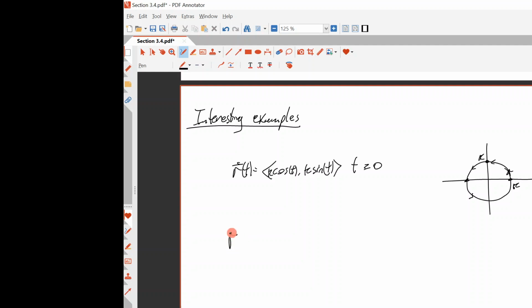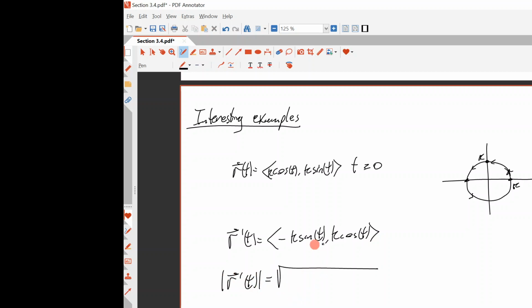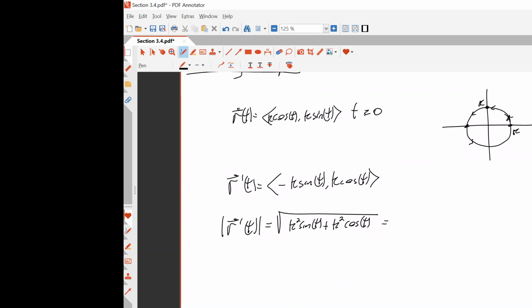So in this case, r prime of t is equal to minus k sine t, k cosine t. So the speed is equal to the square root of the squares of these things, k squared sine squared t plus k squared cosine squared t, right?